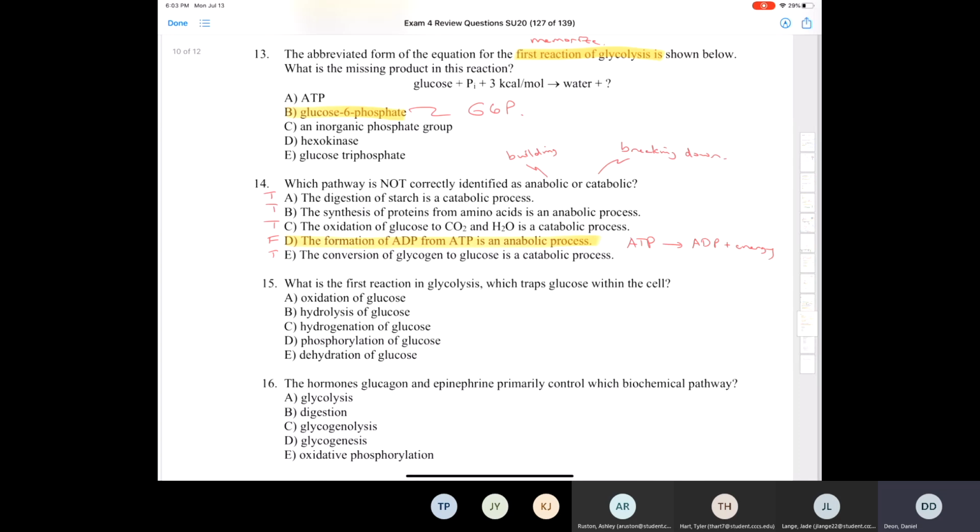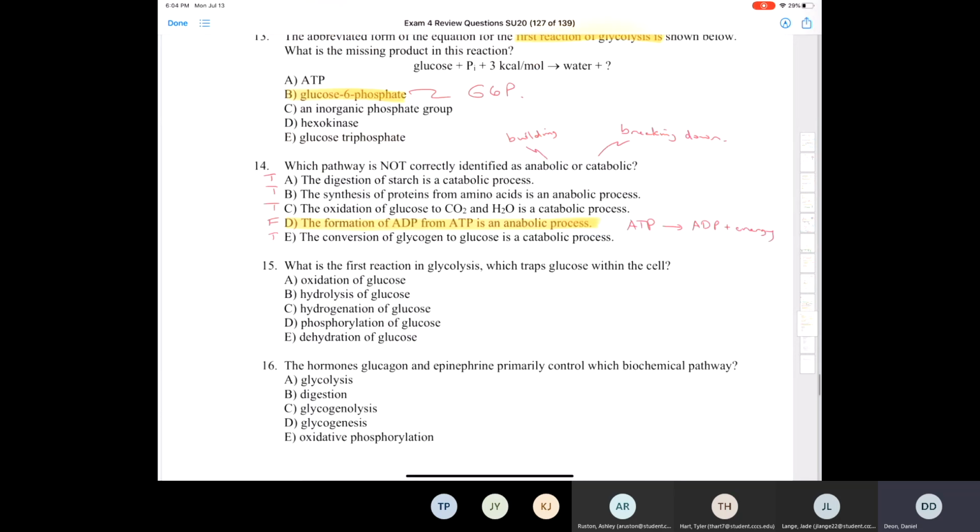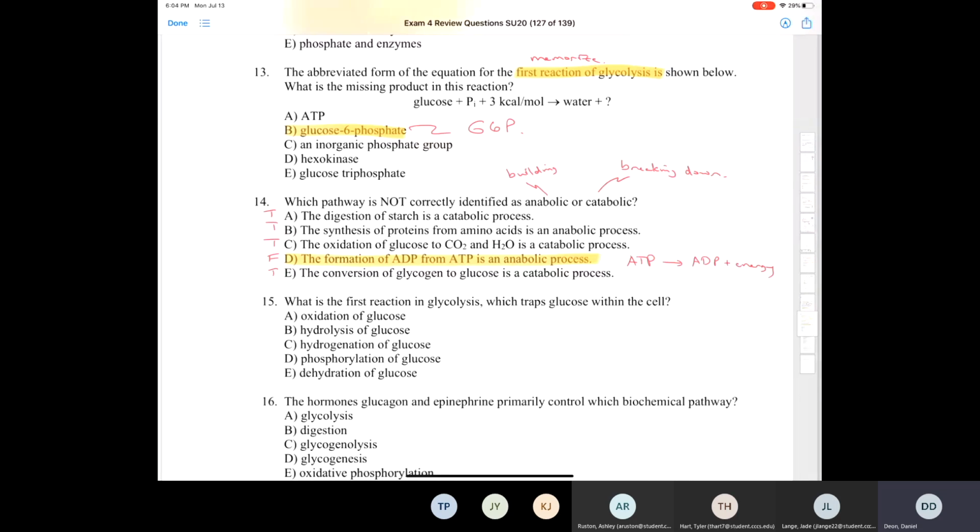Number 15 says, what is the first reaction in glycolysis which traps glucose within the cell? This one I'd say is nothing more than a memorization of what happens, right? We take the glucose, let me back up here. We take the glucose, we treat it with the inorganic phosphate, and we make G6P.